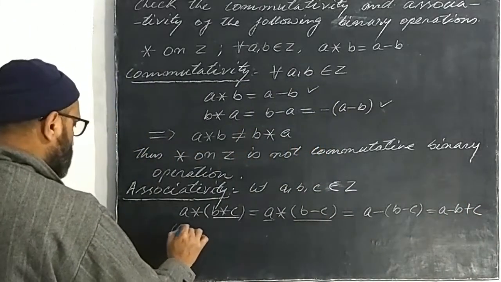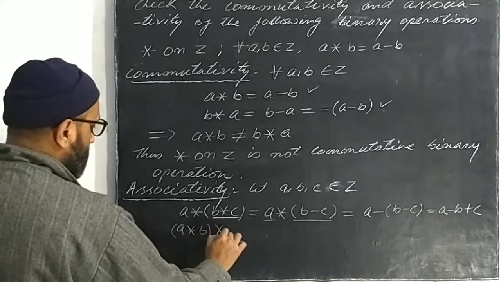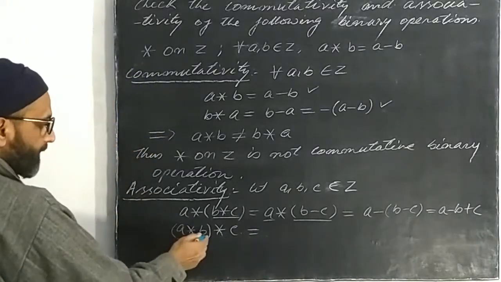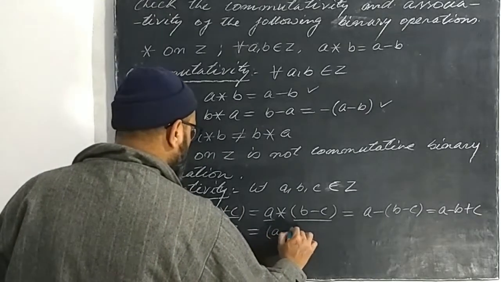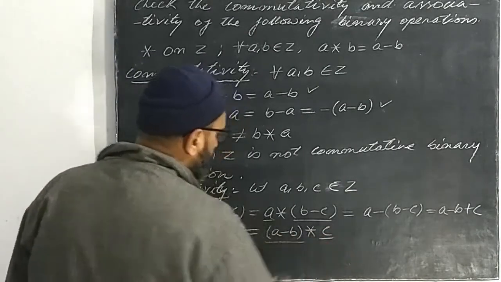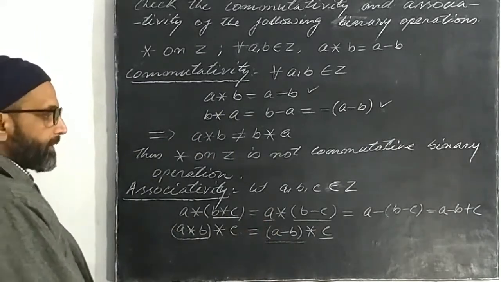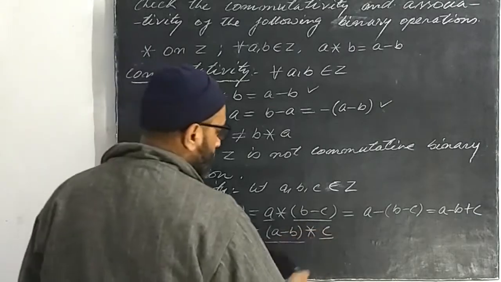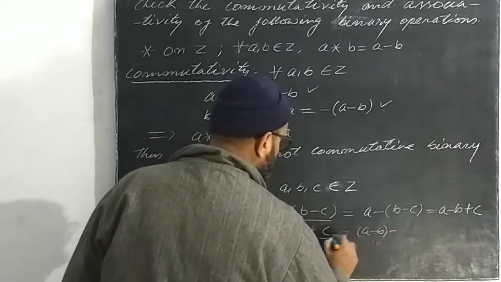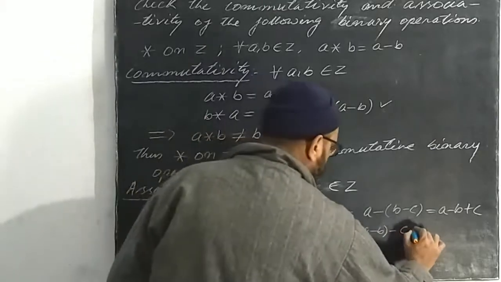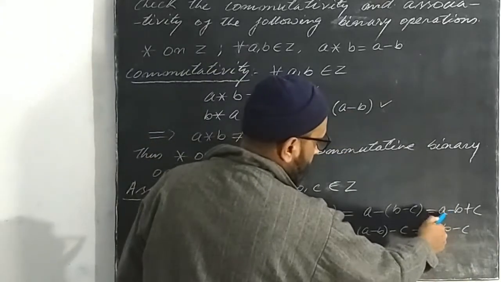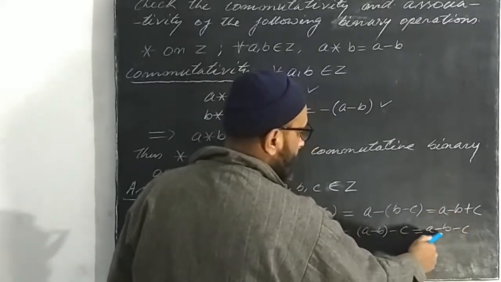Now let's take the first two elements in the bracket and keep the third one outside. We apply the operation within this bracket, so we have the difference of a and b, that is a minus b, and star c is written as it is. Now we apply the operation between these two elements, the first element bracket a minus b minus the second element c. Opening up the bracket, we get a minus b minus c. Observing these two, we come to the conclusion that these two expressions are different: this is a minus b plus c and this is a minus b minus c.